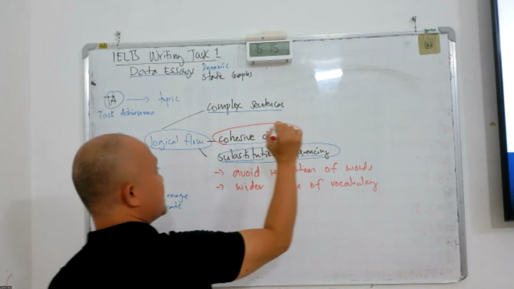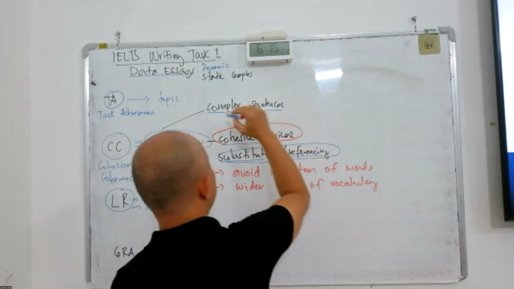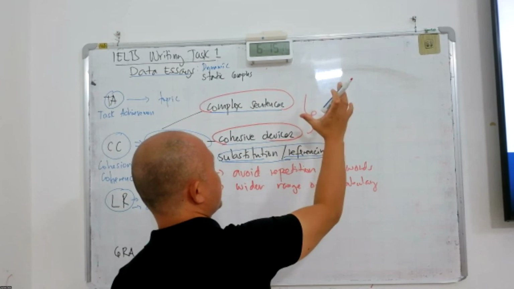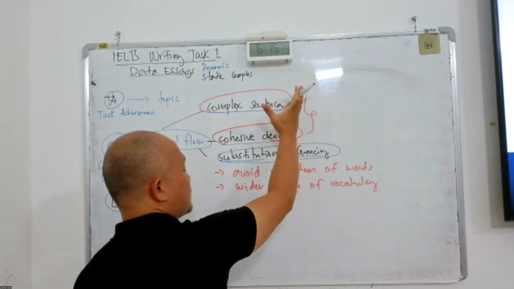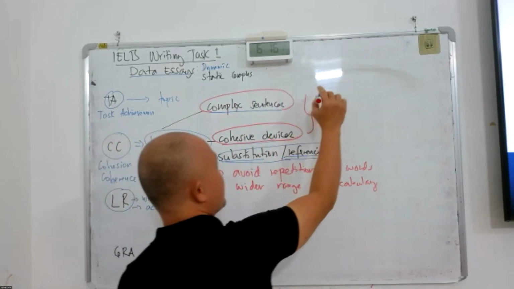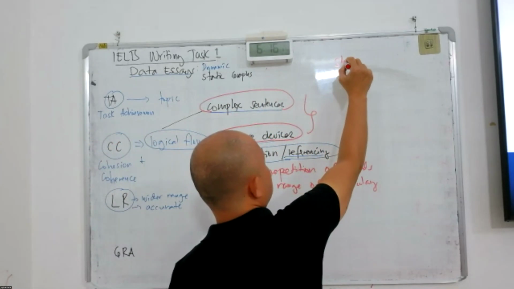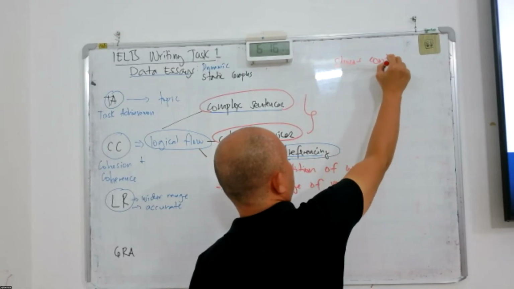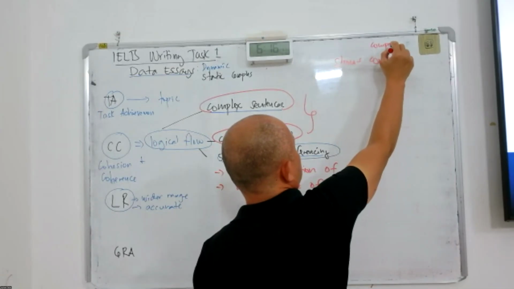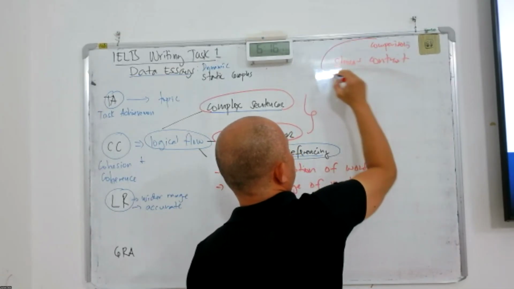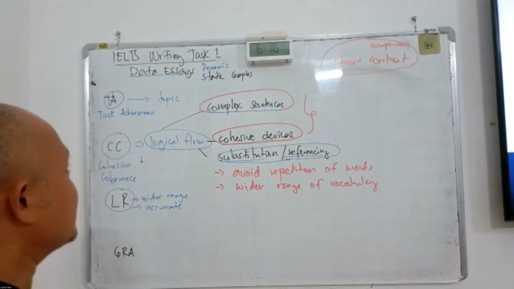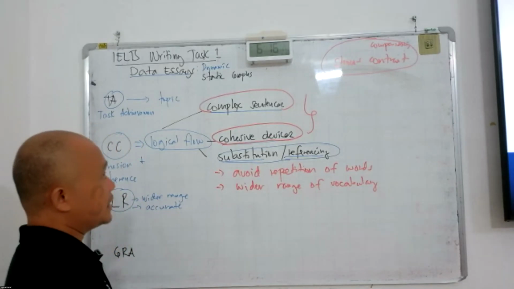If you check here, the main cohesive devices that must be used, or even the use of complex sentences, so these two. The main transition words that must be used here are those that show contrast or comparison, right? So these are the main transition words or cohesive devices that must be used in data essay, task one.